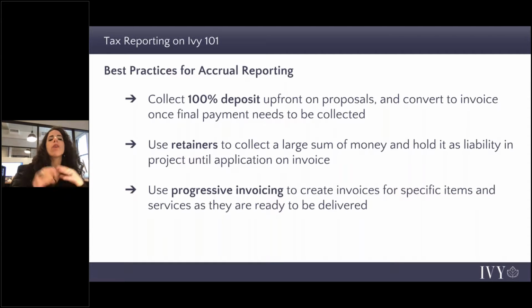So the overarching theme here with tax reporting on Ivy is that you eventually, of course, will have to create an invoice, but when you create an invoice is up to you. You want to make sure that when you create an invoice, it's finalized pricing. There probably won't be many changes to it. And you also want to make sure that you're ready to do so. So eventually everything is going to have to go to an invoice, but when that happens is up to you.